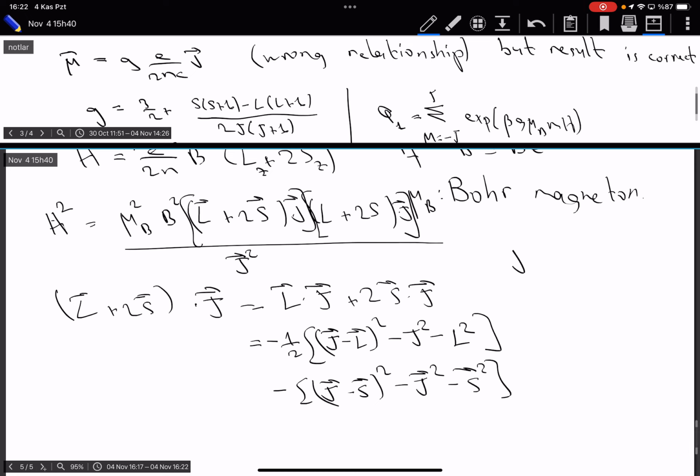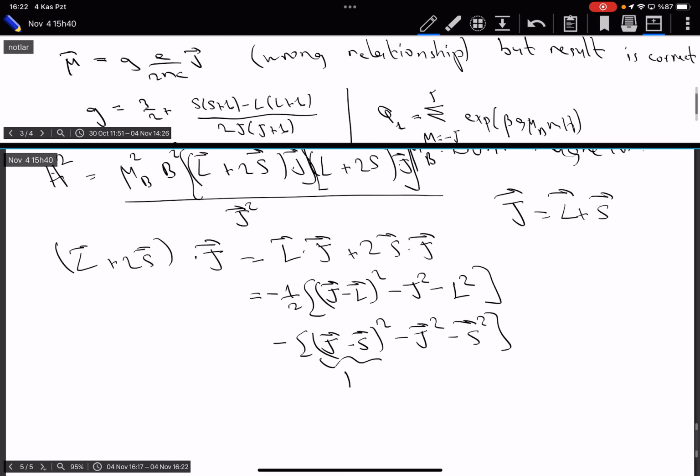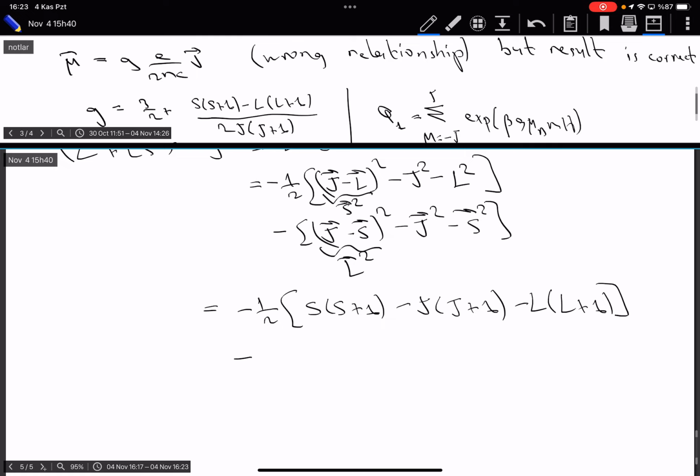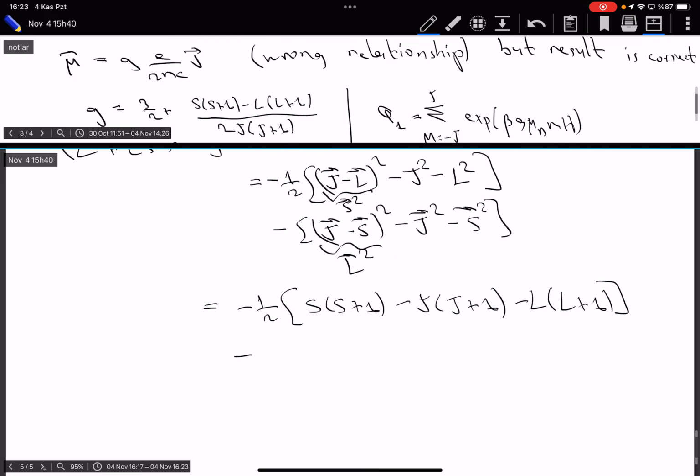Well, you see, J is L plus s. So this is L squared, this is s squared. So this is equal to minus 1/2 [s(s+1) − j(j+1) − l(l+1)], and the second term is minus l(l+1) minus j(j+1) minus s(s+1).